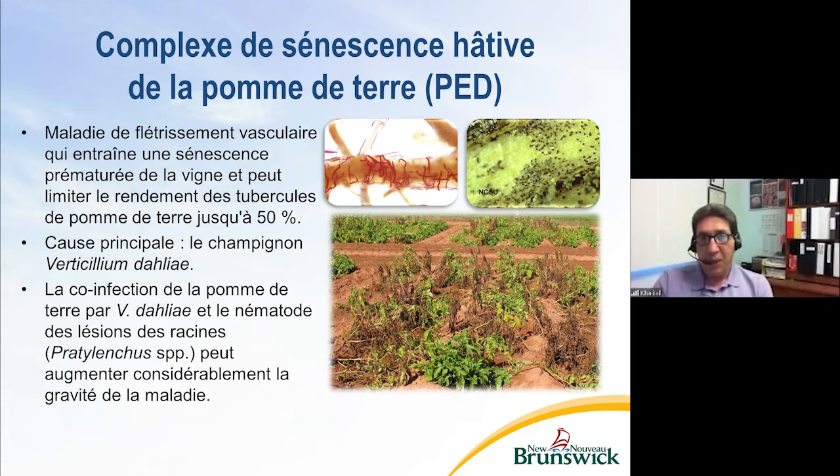And on the top left, you see a root that has worm-like structures. These are the nematodes attaching themselves to the root of the potato plant. And on the bottom is a field that is heavily infected with potato early dying that shows the symptoms.